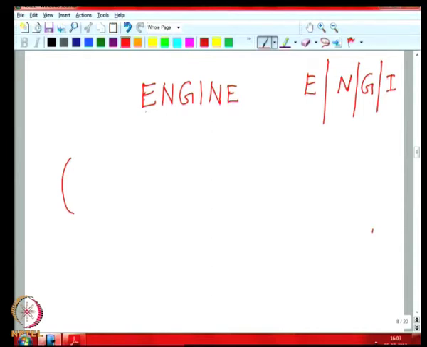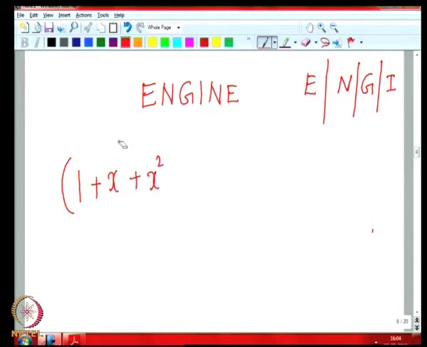So, since there are 2 E's, we can either not take any of the E's, we are picking 4 letters out of those 6 letters, we may not select any of the E's, right, that means 1, that means x raised to 0. Or you may select just one E, or you may select 2 E's.